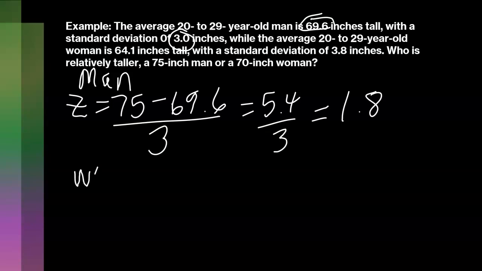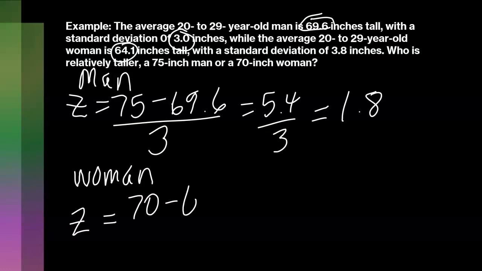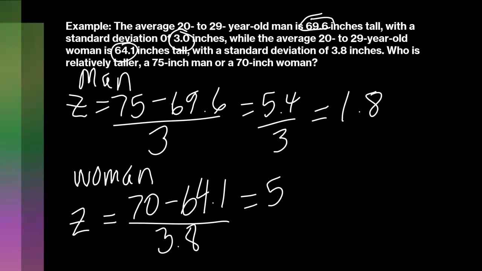So now we're going to look at the woman and calculate her z-score. Her data value is 70, because she's 70 inches tall. We're going to subtract the mean height of women, which is 64.1, and we're going to divide it by the standard deviation, which is 3.8. So if we do 70 minus 64.1, we get 5.9.